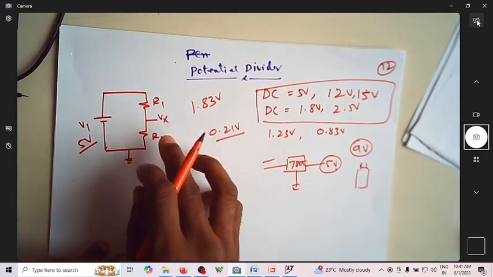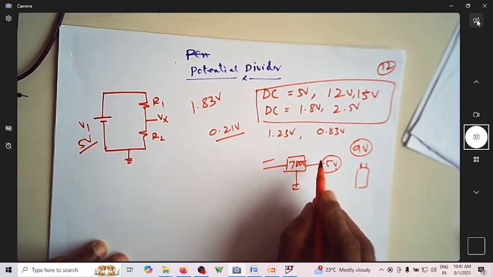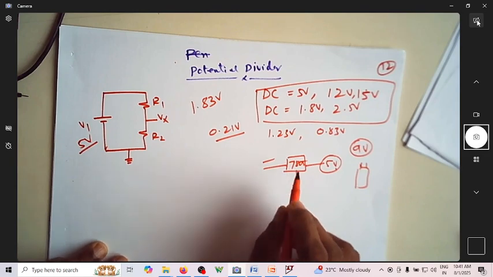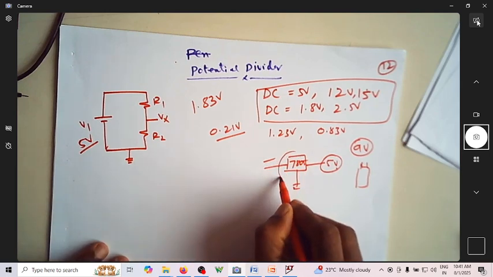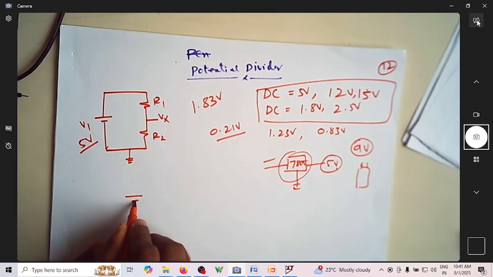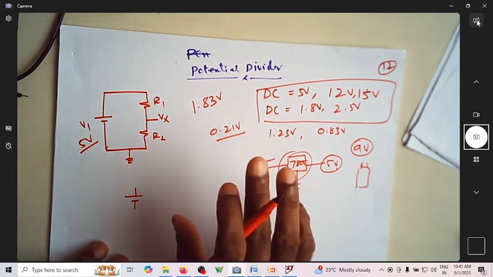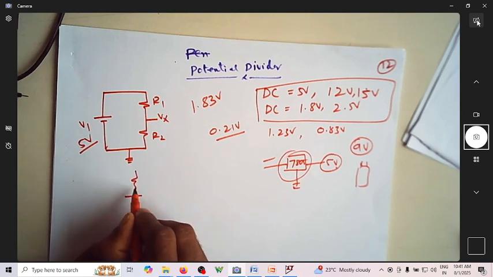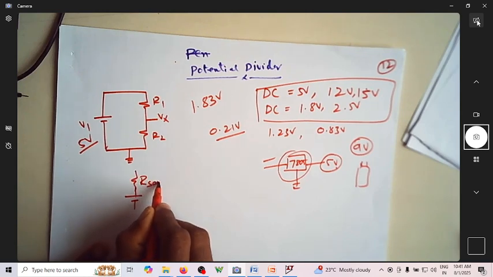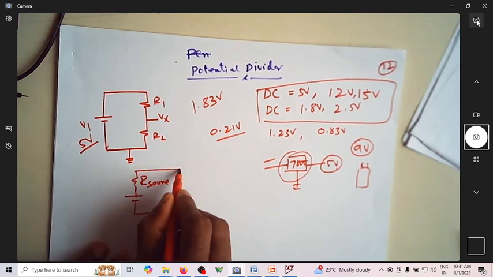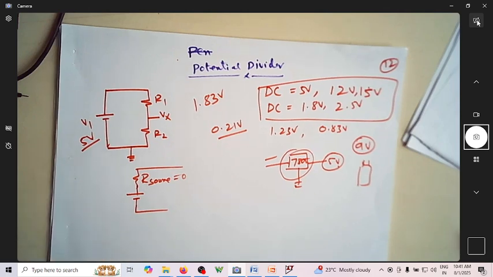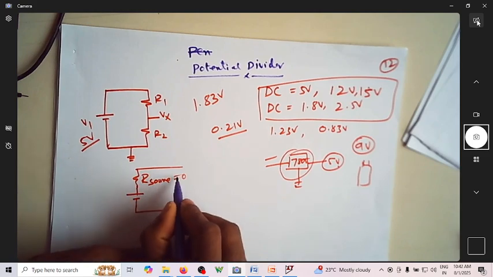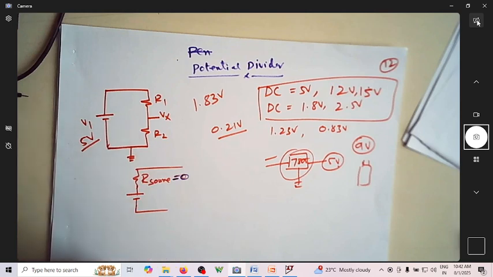Before we proceed to the potential divider, let us talk about the series resistance of a usual voltage source. This is how the voltage source is represented. Typically in most cases, we consider the source resistance of these sources as almost zero. Practically there will be a few ohms of resistance, but you can neglect it and consider it as 0 ohms.